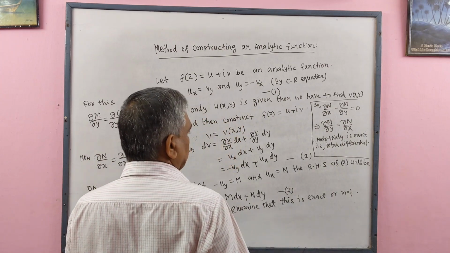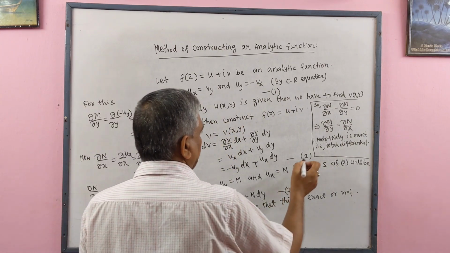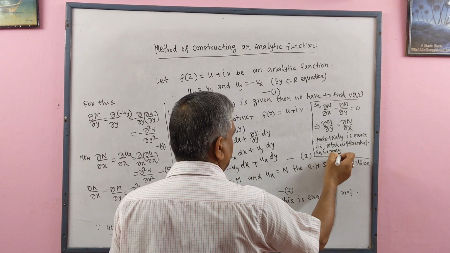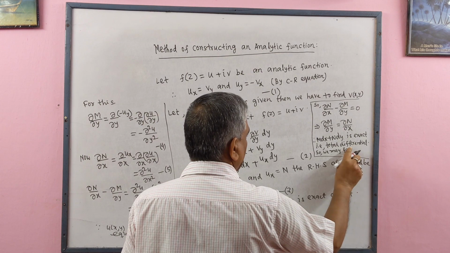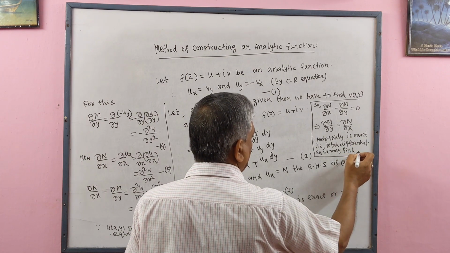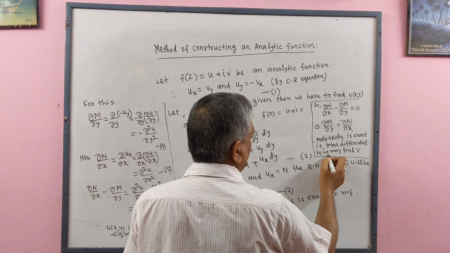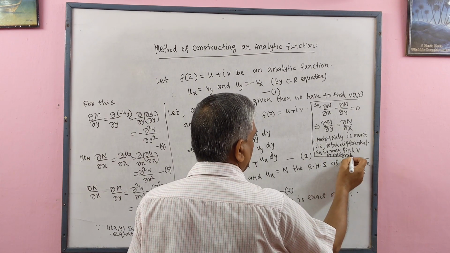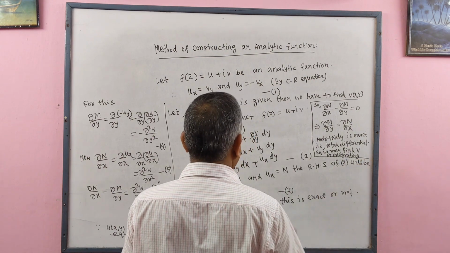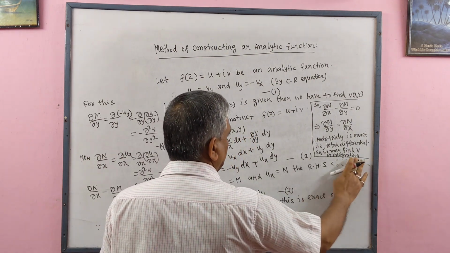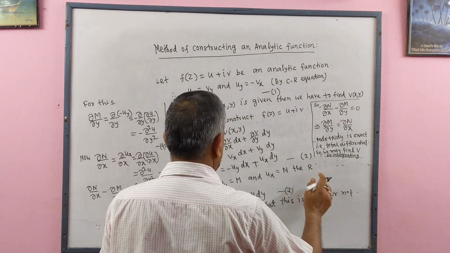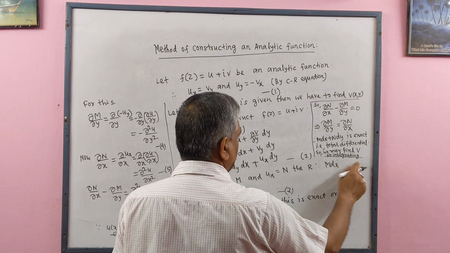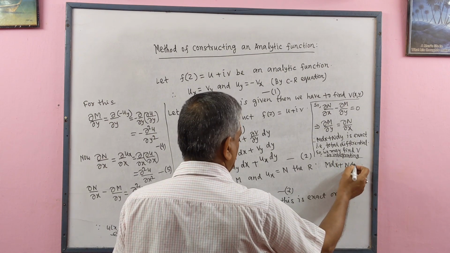So we may find v by integrating m dx + n dy.